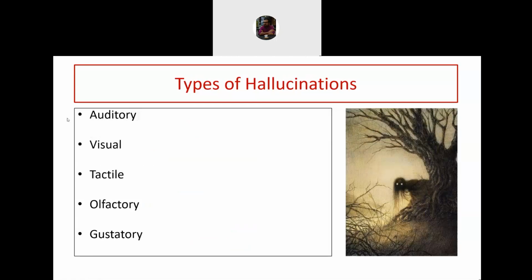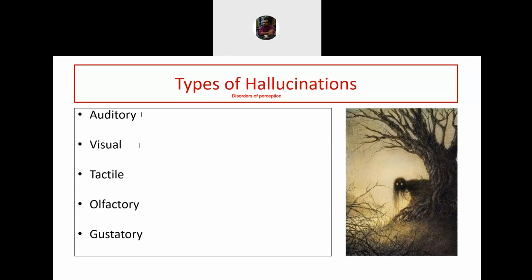Hallucinations are disorders of perception, that is, they are disorders of sensory organs. Because there are five major senses, there are five major types of hallucination. If a person hears something that is not there, or for which there is actually no stimulus, then that is auditory hallucination.